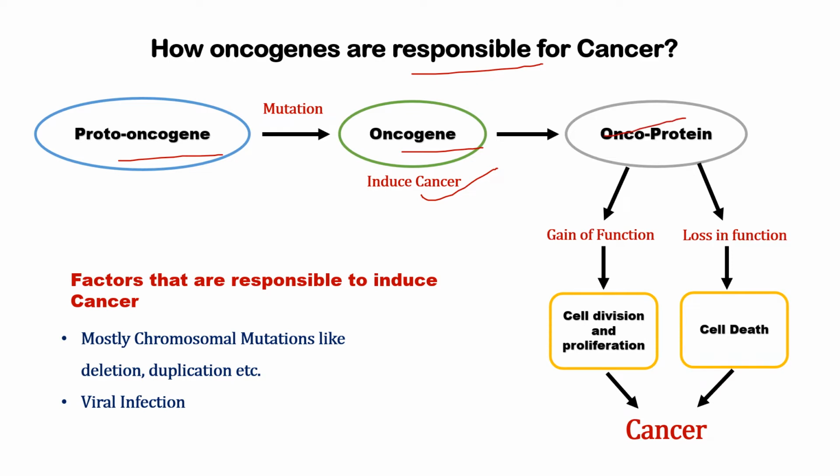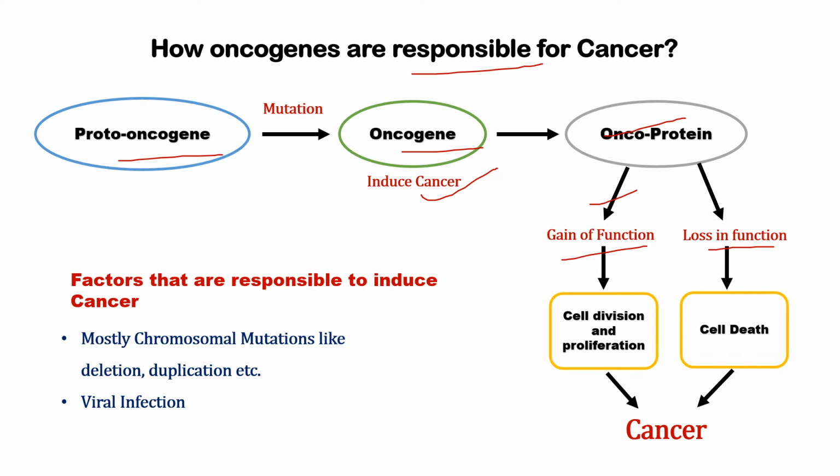And then oncoproteins do two different functions. The first one is gain of function. It means it will induce cell division and proliferation. And the second one is loss of function. That means it inhibits cell death.